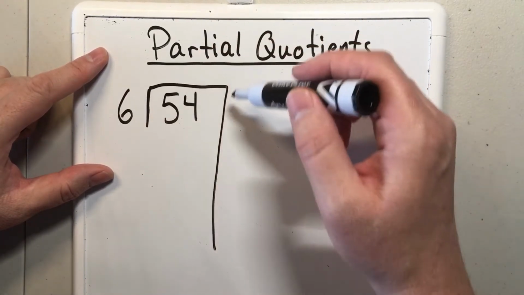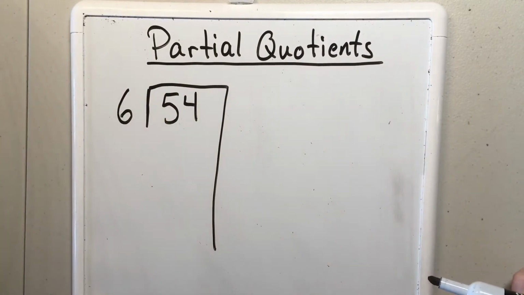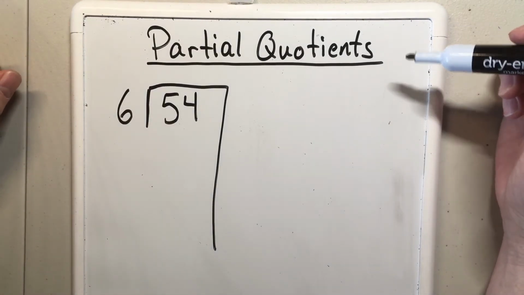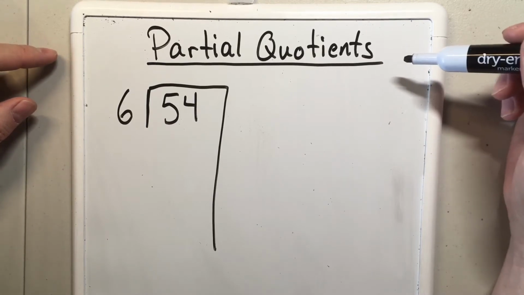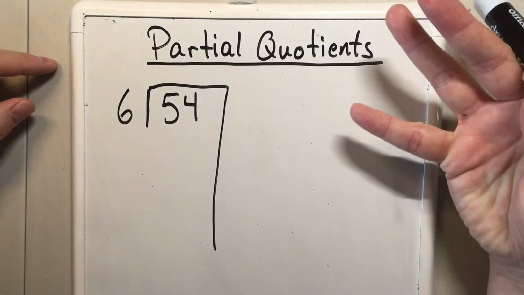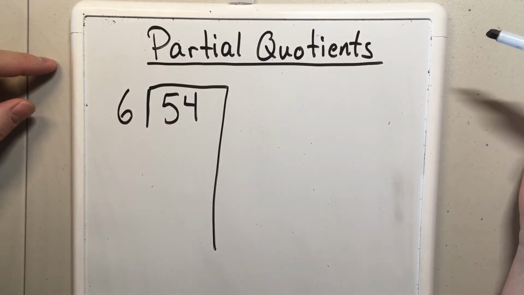Notice that when I do this, I make it really long here on the side. The reason I'm teaching partial quotients last, in fact, the reason I'm teaching division last, is because we're going to use all three of the other types of operations in order to solve this problem.